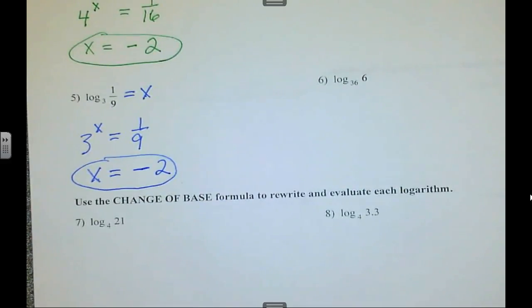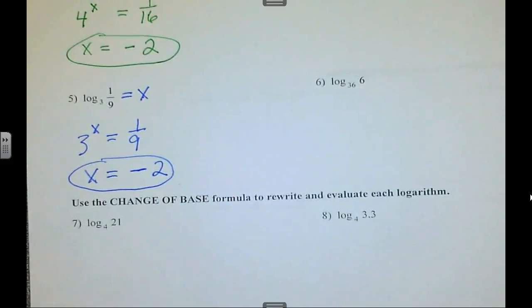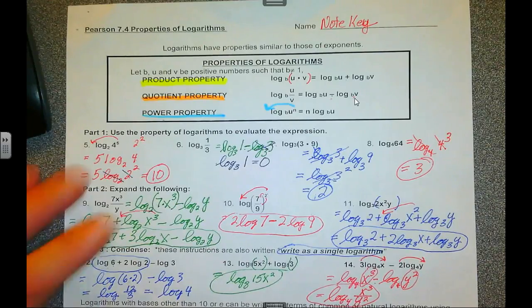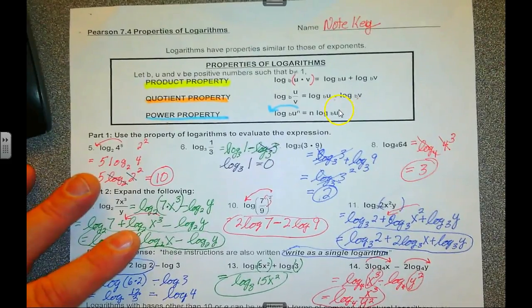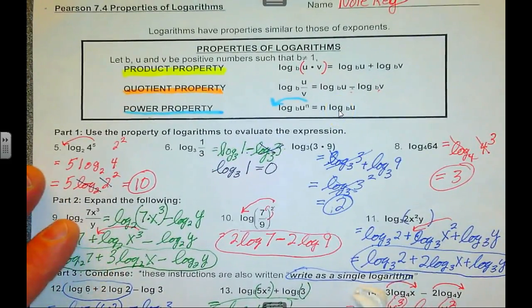We didn't do change of base formula, did we? Ooh, we've got to go back and do that. You guys got your note sheet? And condensing, where you're using either the product property, quotient property, or the power property.